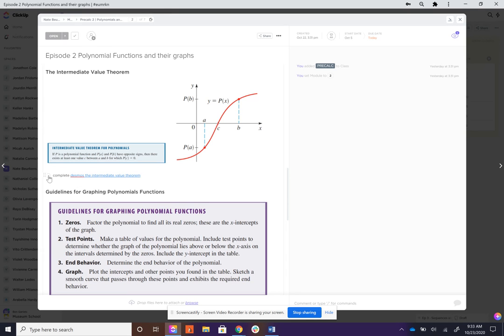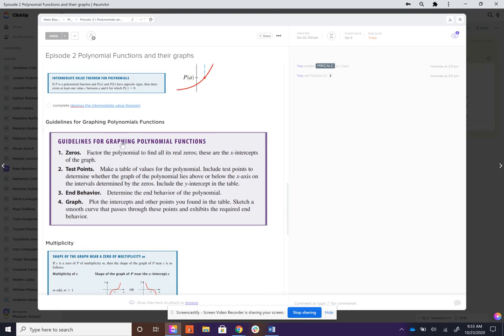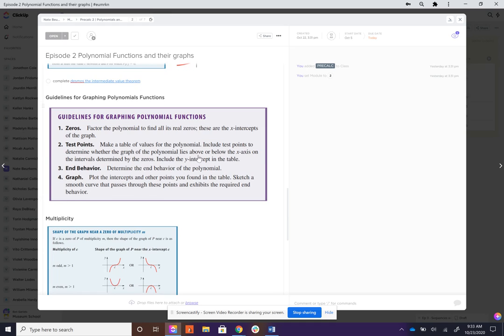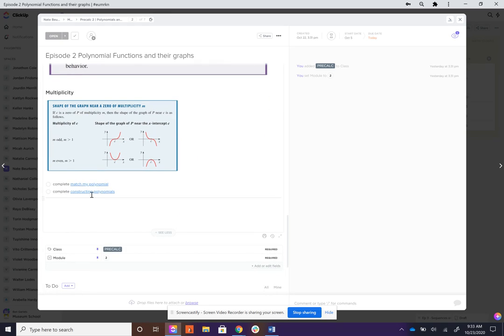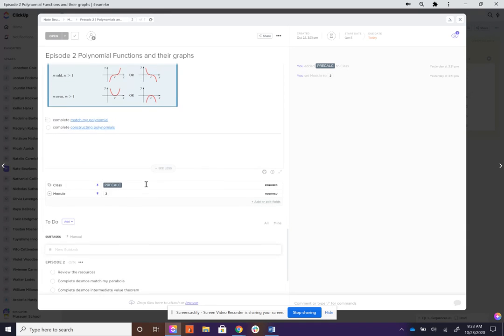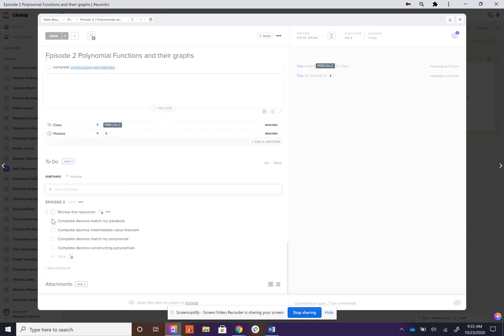So make sure you do that, click that. Guidelines for graphing polynomial functions. We did that in class. We talked about multiplicity, and then we had 2 concluding Desmos investigations. So make sure you go through that checklist and post anything in there that you need to.